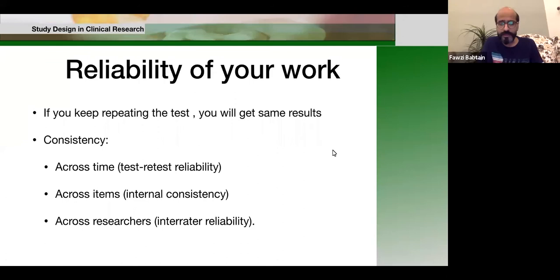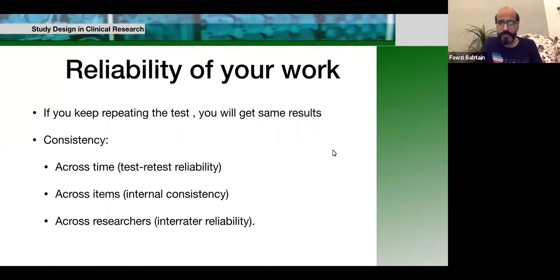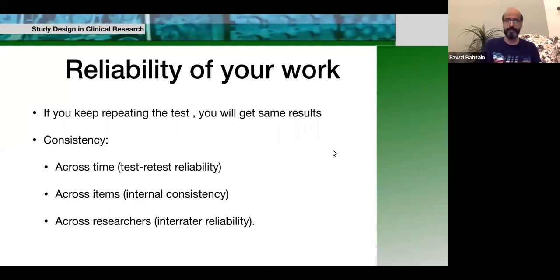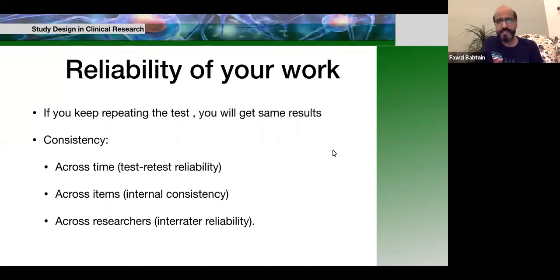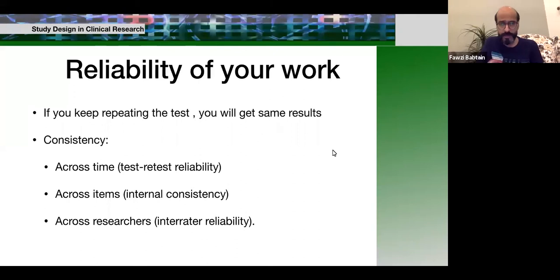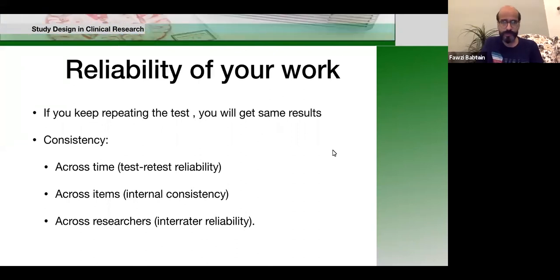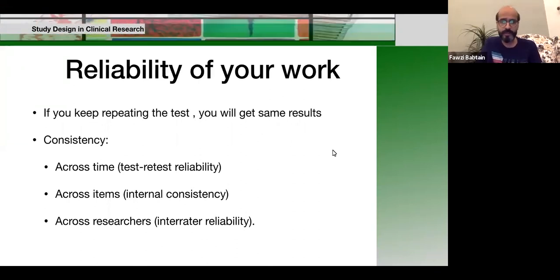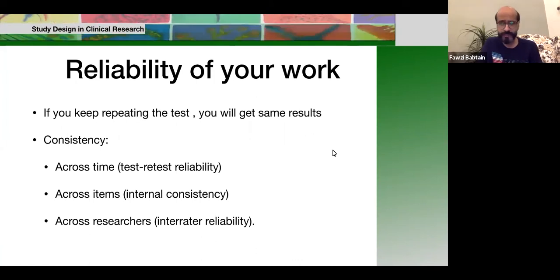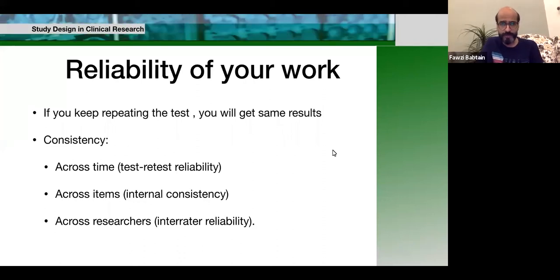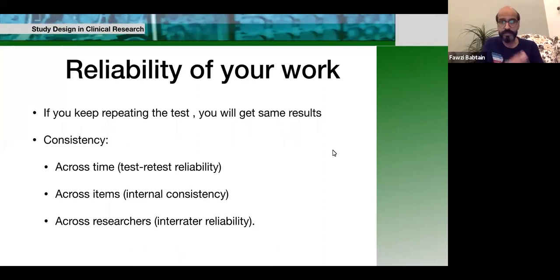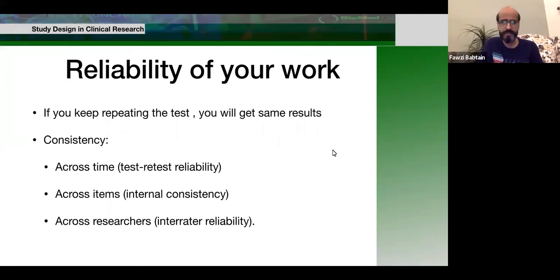Simply, reliability means if you keep repeating your test, you will have the same results. So it is consistency of the results using whatever tool you used. And it can be across time, across items, across researchers. If the same test is repeated different times, it will produce the same results.